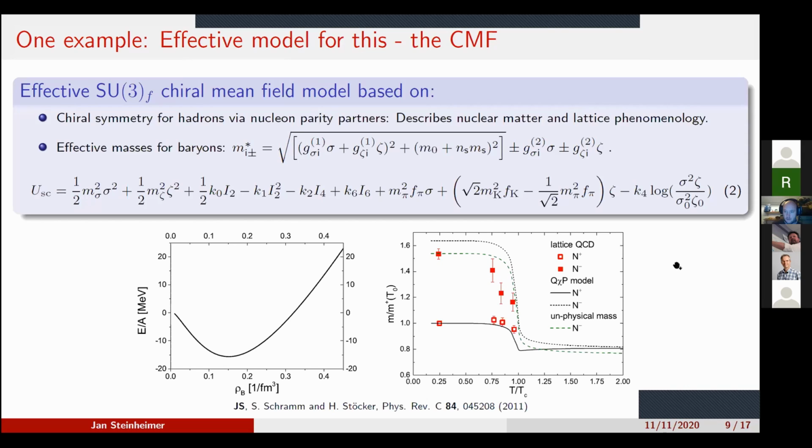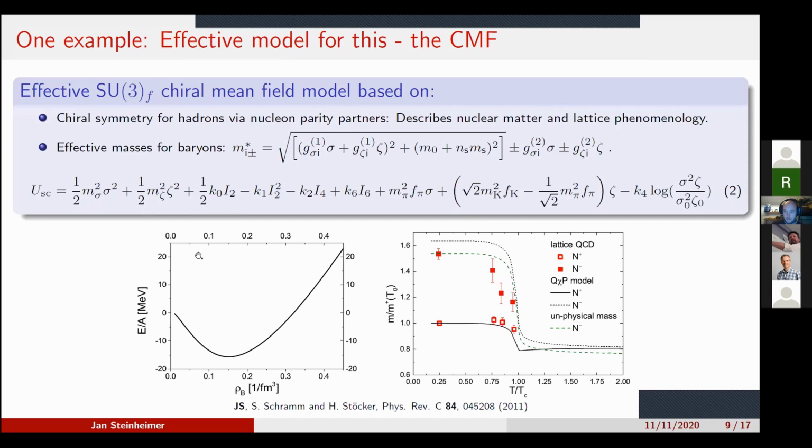This idea was put forward probably more than 20 years ago, and we extended this to three flavors. Then you have an effective mass for your baryons, which depends on several coupling constants, and you have some interaction potentials for your chiral fields, which have a lot of parameters.